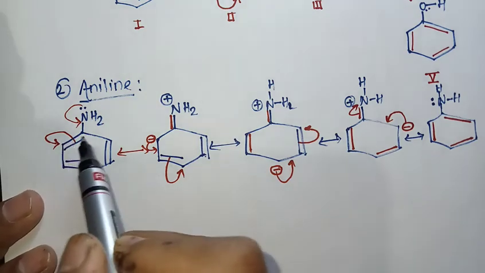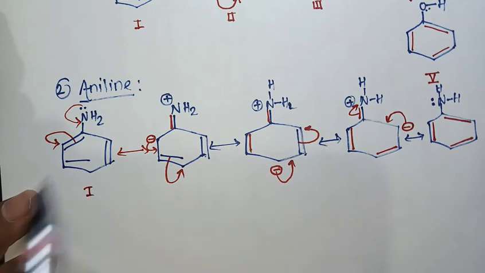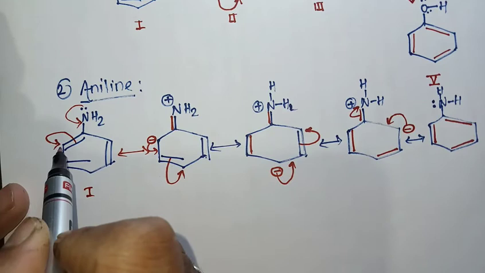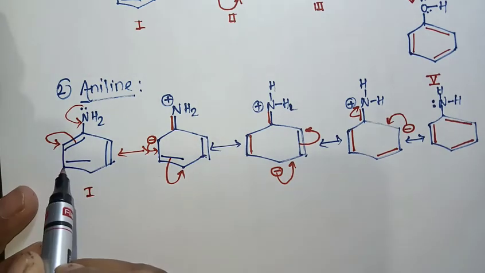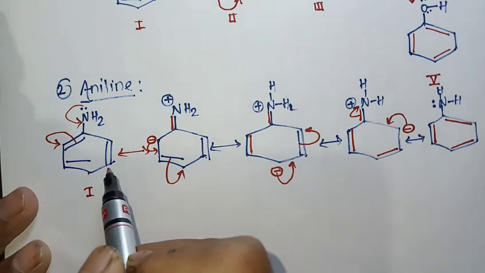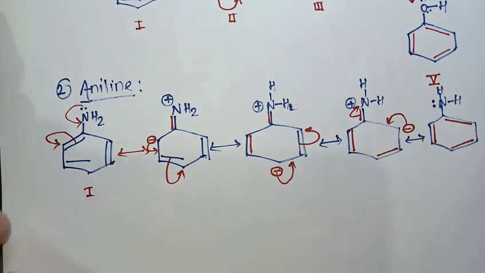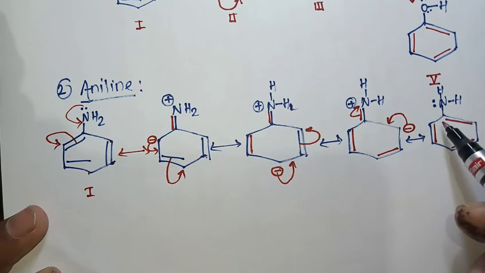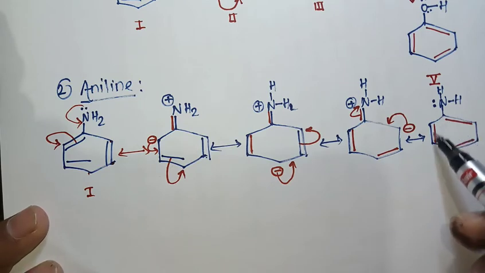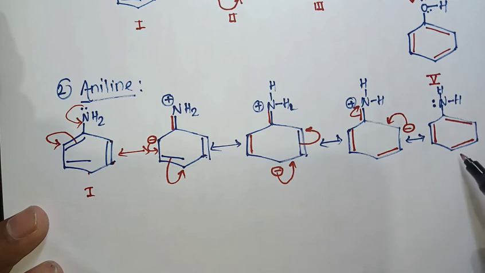The pi bond is present in the first structure between carbon 1 and carbon 2, and carbon 3 and carbon 4, carbon 5 and carbon 6. And you can see the pi bond appears from carbon 2 to carbon 3, carbon 4 and carbon 5, carbon 6 and carbon 1.